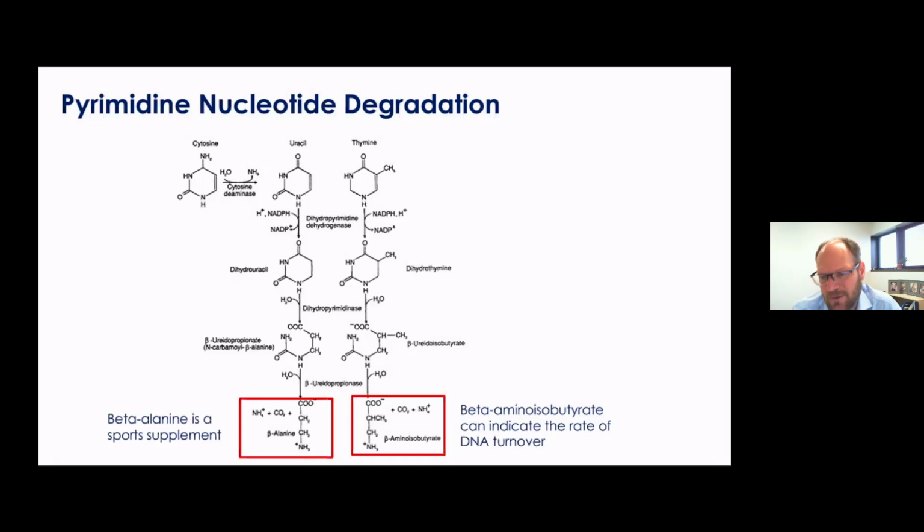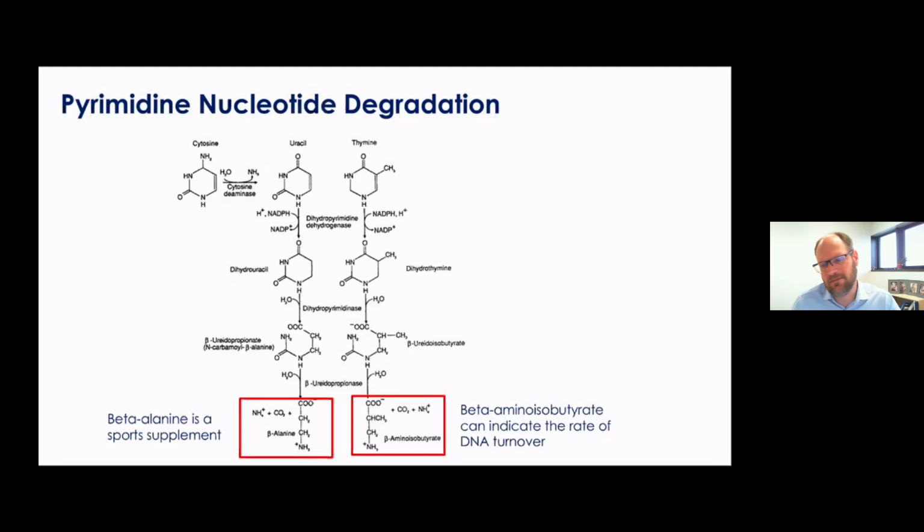Same as in our other pathways, I want you to know the beginning point, the end point, and the major cofactors. In this case, you've got to reduce the uracil base to get it into a usable form, so you dump an NADPH in.